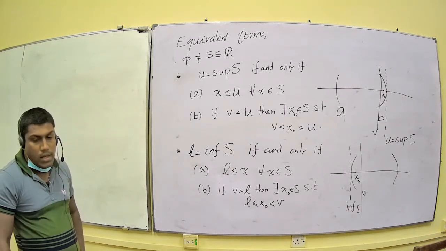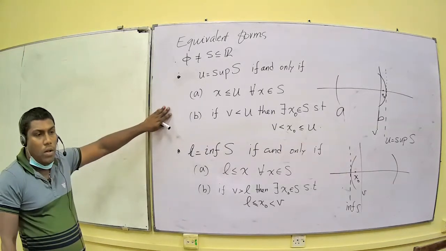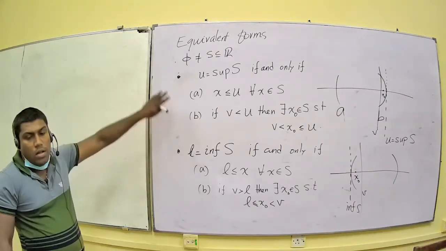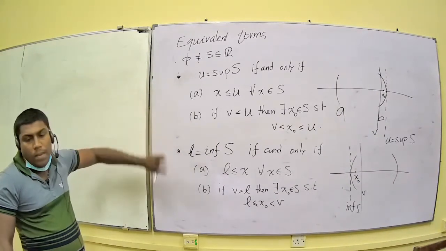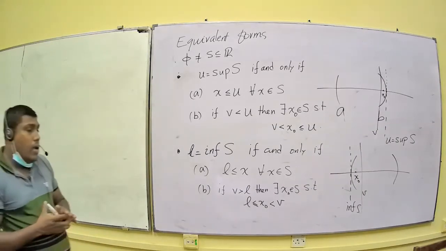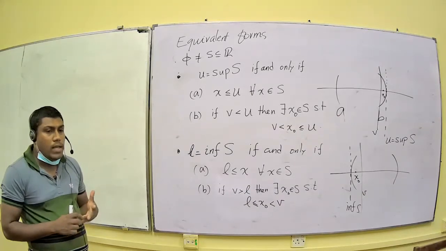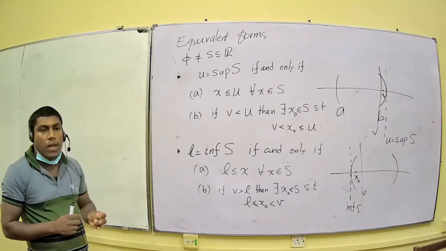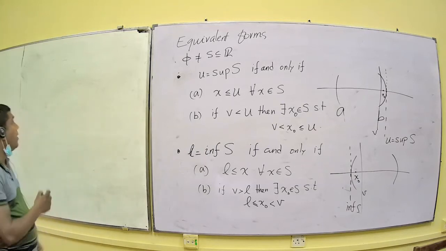Another thing is, here we talk about upper bound, lower bound, bounded above, bounded below, and then supremum, infimum. But you already know two other terminologies for a set from your very young age: maximum and minimum.